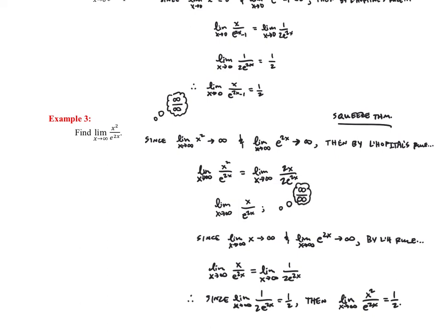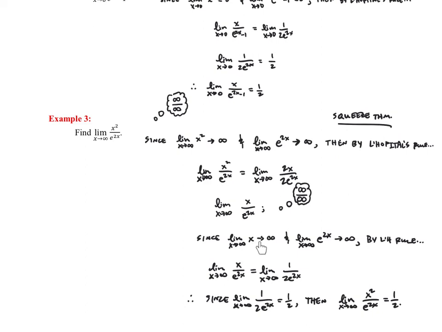Now all these steps are necessary, you guys. We cannot set equivalence to infinity over infinity. We have to state that since the limit of the numerator heads to infinity and the limit of the denominator heads to infinity, then by L'Hopital's rule, here's our statement. We reevaluate, we get another indeterminate form. We start back at the beginning.